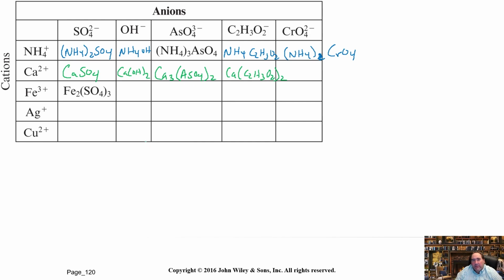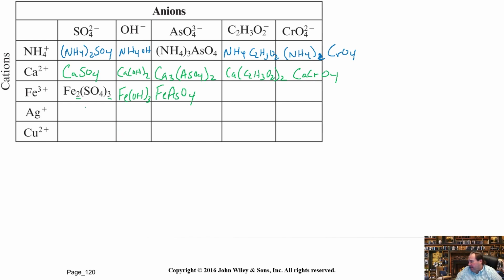They run into the next box. +2, -2, we'll just need 1 of each. Coming to our next one, +3, -2, so common number 6. So that's why they needed 2 of the 3s and 3 of the 2s. +3, -1 means I do need parentheses and a 3. +3, -3 means I just need 1 of each.